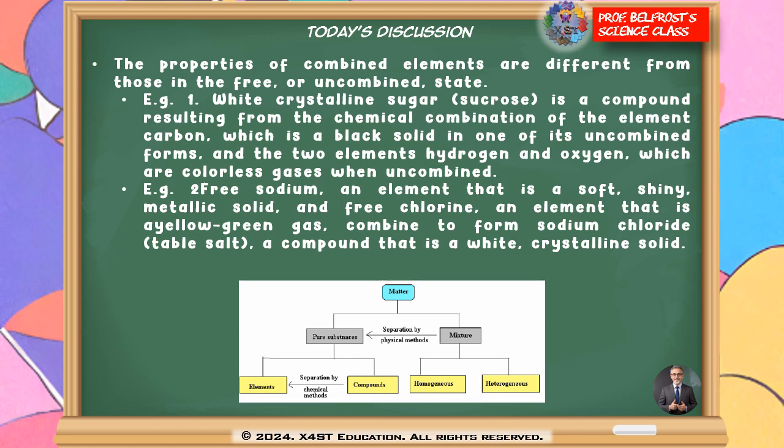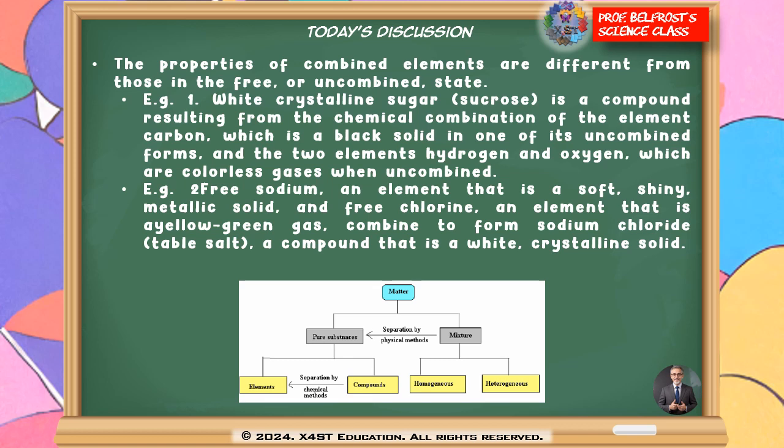White crystalline sugar, sucrose, is a compound resulting from a chemical combination of carbon, which is a black solid in one of its forms, and two elements, hydrogen and oxygen, which are colorless gases when uncombined.